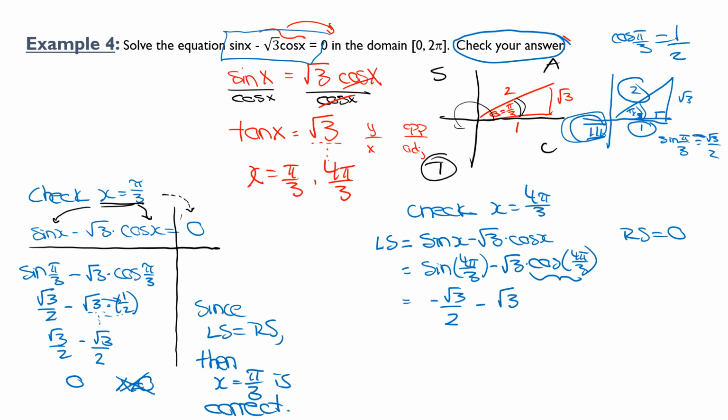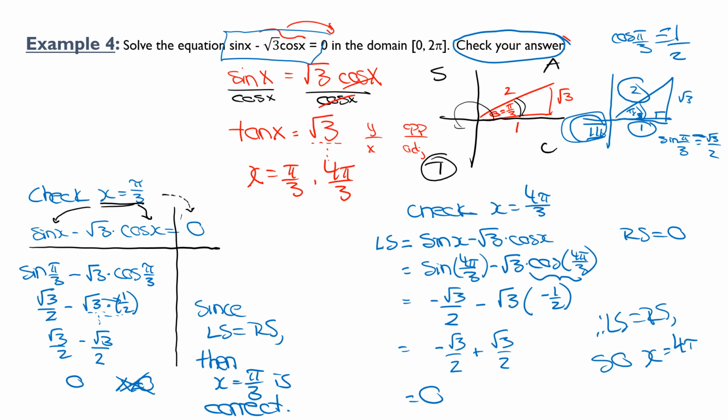Cos is negative there. So I'm going to multiply that by negative 1/2. That gives me negative root 3 over 2 plus root 3 over 2, which is 0, which is the same as the right side. Therefore, left side equals right side, so x equals 4 pi over 3 is correct.